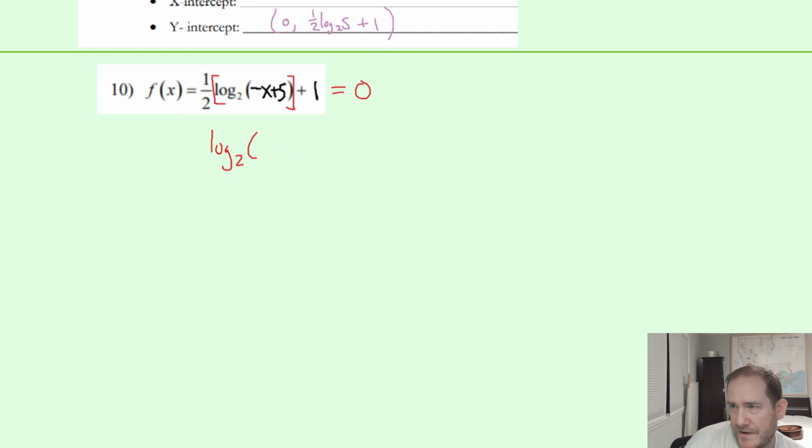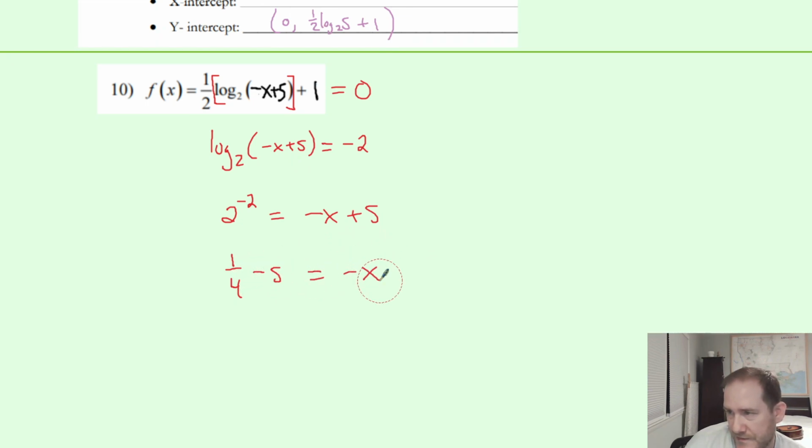So you'll end up with log base 2 of a negative x plus 5. It'll equal what? Negative 1 and then doubled. So negative 2. So you'll go 2 to the negative 2 equals negative x plus 5. 2 to the negative 2 is 1 over 2 squared, so 1/4. Then you'll subtract 5 from that.